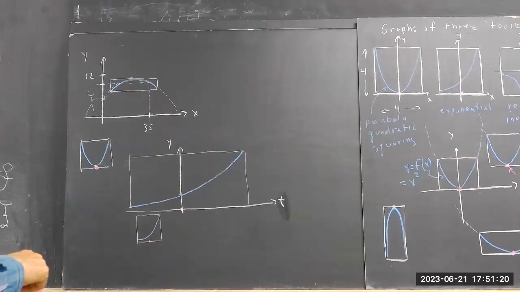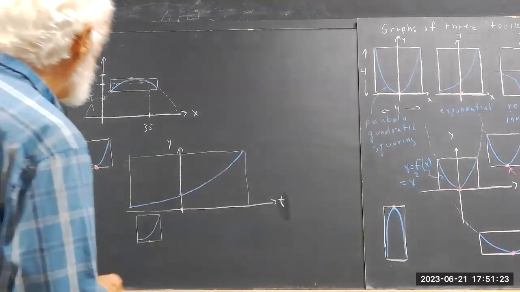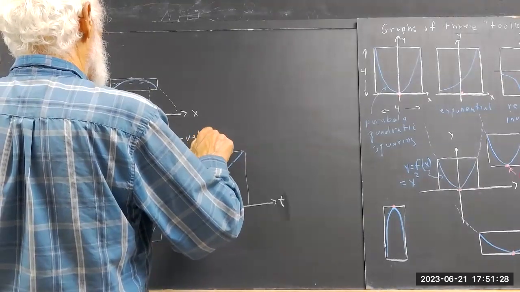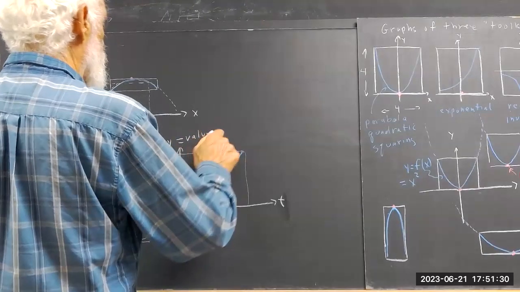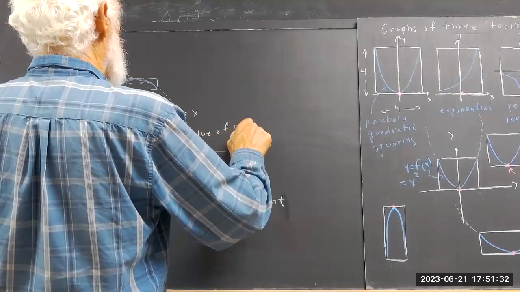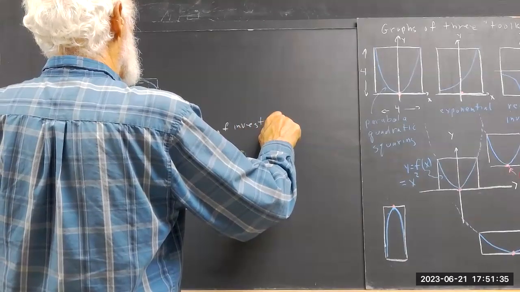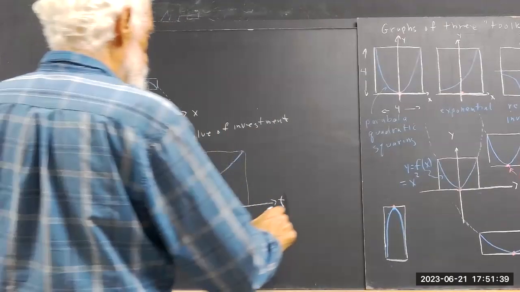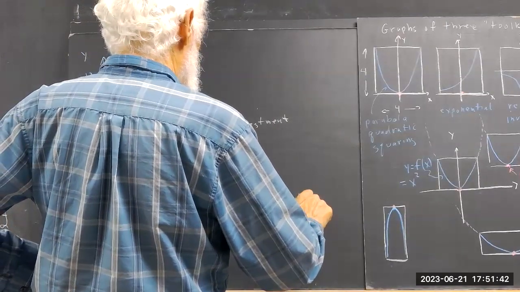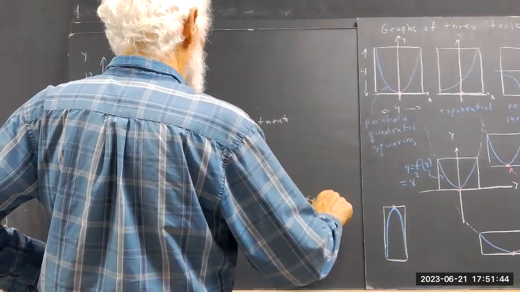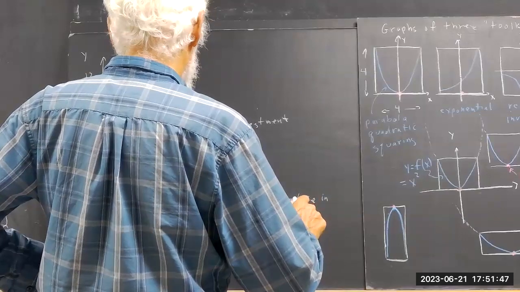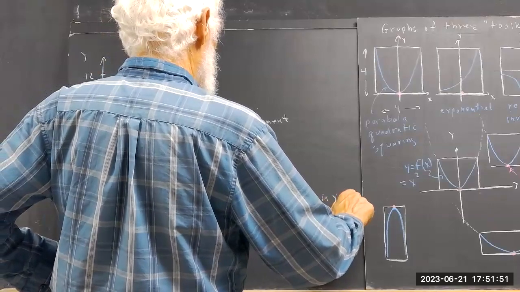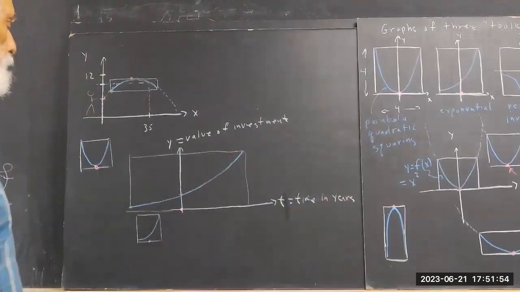Okay. Now, what might this mean? Y could be the value of an investment. T could be time in years.